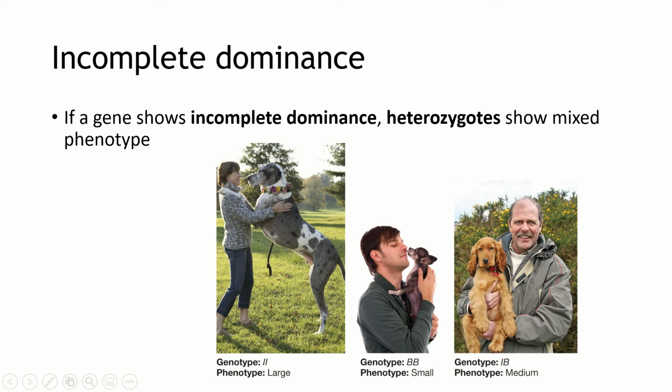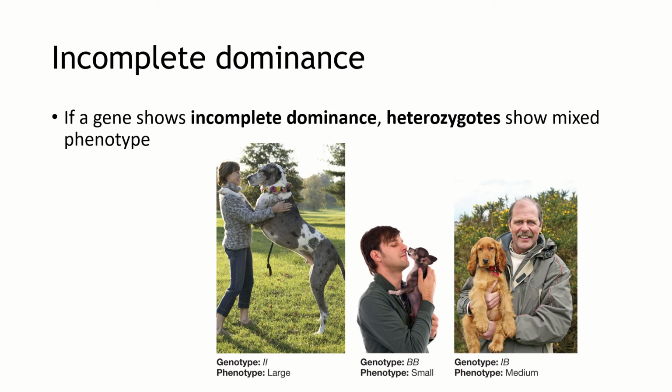Okay, but in incomplete dominance, we have three possible phenotypes. Remember, in simple dominance, we only have two. In incomplete dominance, the dominant allele is not completely dominant over the recessive allele. One example is size in dogs, and obviously size in dogs is way more complicated than this, because if you breed two Great Danes together, you get a big giant Great Dane no matter what.